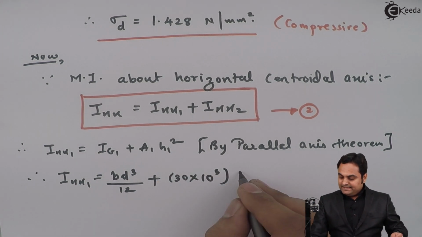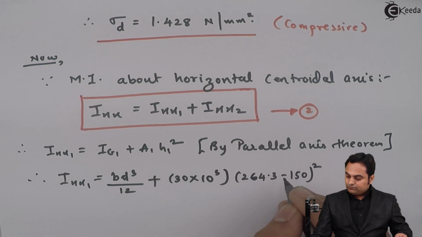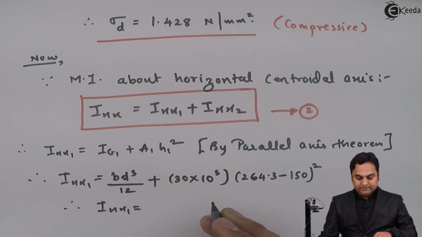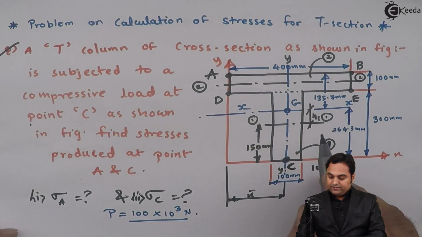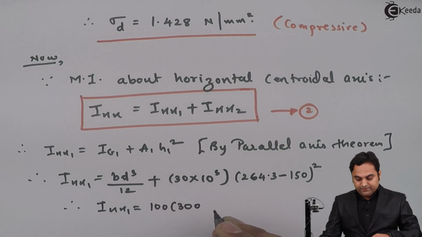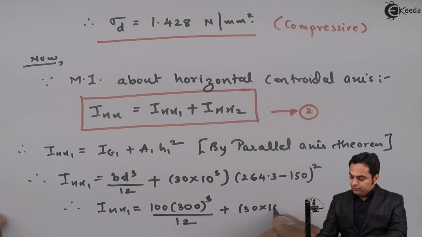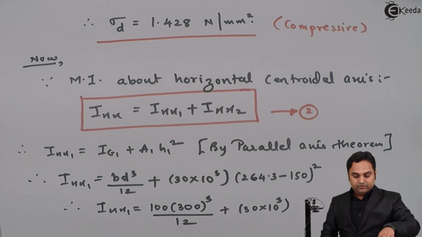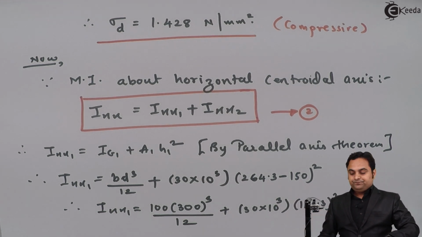Now h1, that is 264.3 minus 150 whole square. So here for Ixx1, B is 100 and D is 300 for the first rectangle. 100 into 300 cube divided by 12 plus 30 into 10 raised to 3, and this value is 100, and here we have 114.3 whole square.